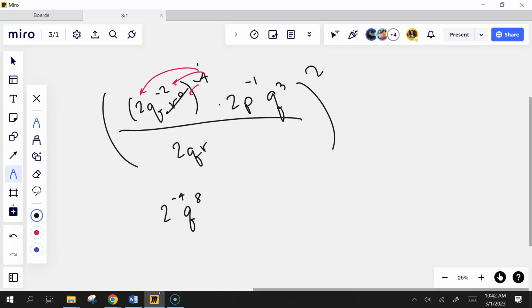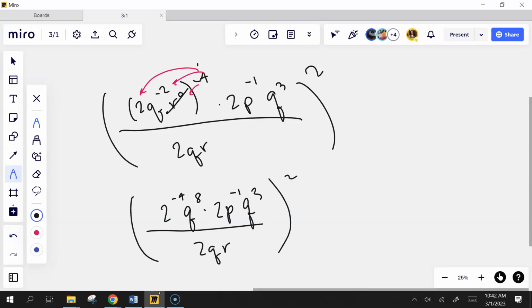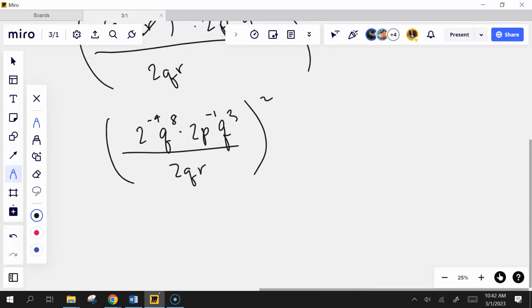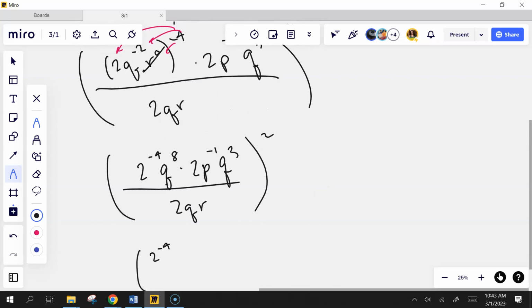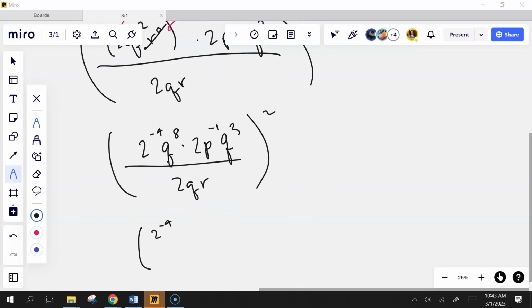I'm just going to go ahead and do away with that one because it becomes 1. 2p to the -1, q cubed over 2qr, squared. Let's see, I have 2 to the -4. I have p to the -1, q to the 11th over 2qr.